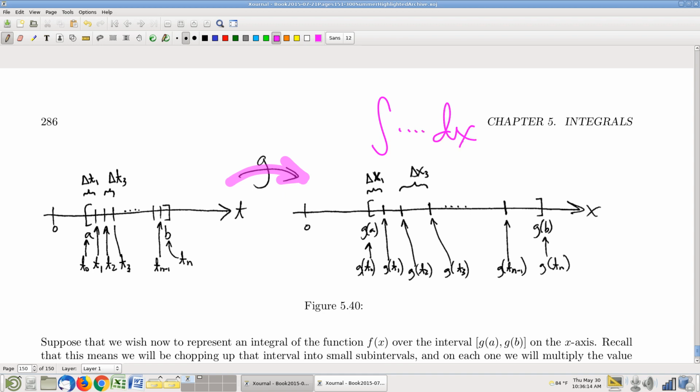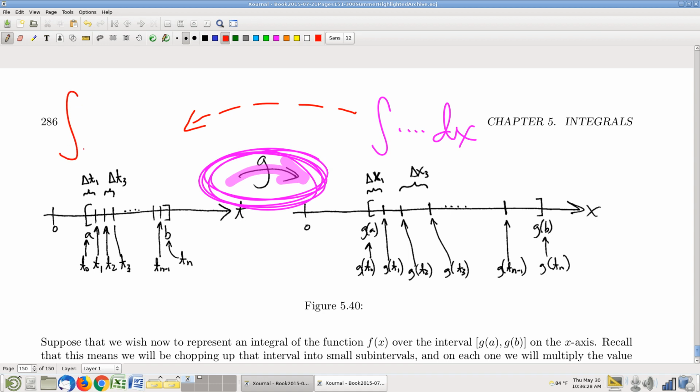We started with this integral on the x-axis, and by capitalizing on this function, I rewrote that as instead an integral over here, dt. Right? That's what happened. Started with this, played algebraic games, ended up with this.